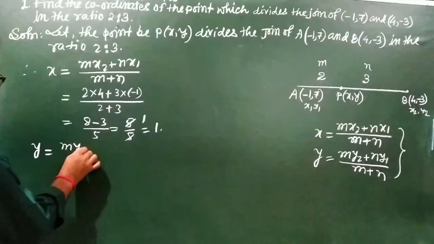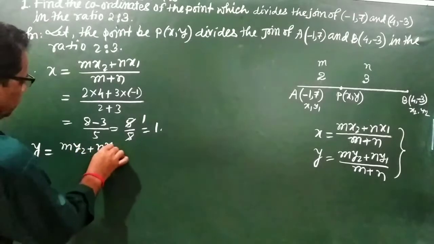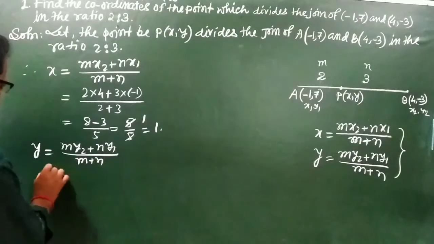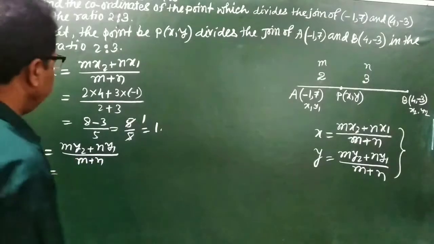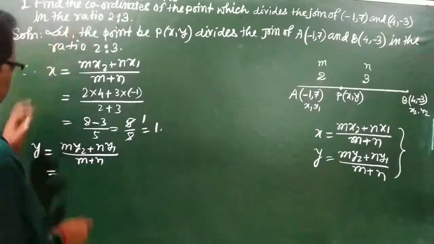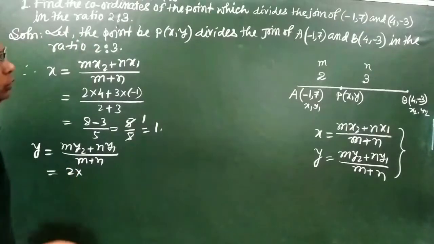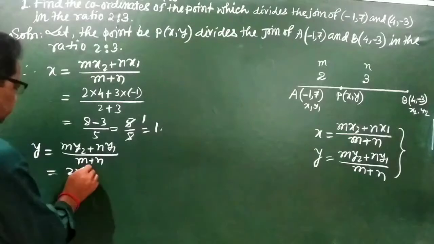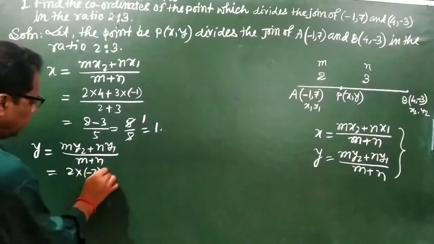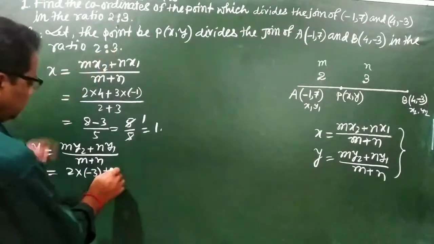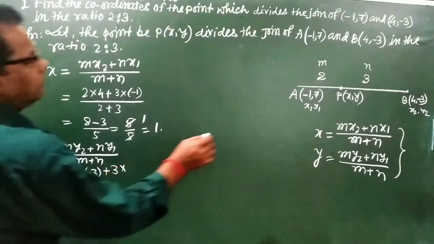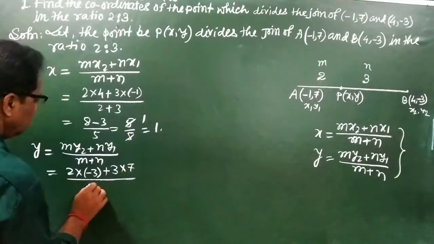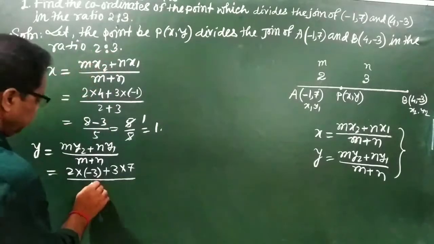And the value for y, my2 plus ny1 divided by m plus n. So m and n, this ratio will remain the same. The value for m is 2 and y2 is here -3, plus n is 3 into y1 is 7, divided by m plus n, that is 2 plus 3.